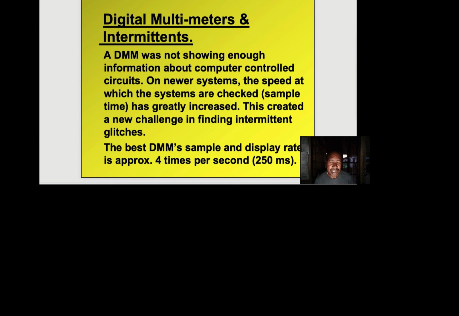This created a new challenge in finding intermittent glitches. Now, here's an example I can think of. I had a Ford one time that had a hesitation and had a code for low TPS voltage. But when I checked it with the voltmeter, it was perfect. I checked it many times, and every time it was perfect.